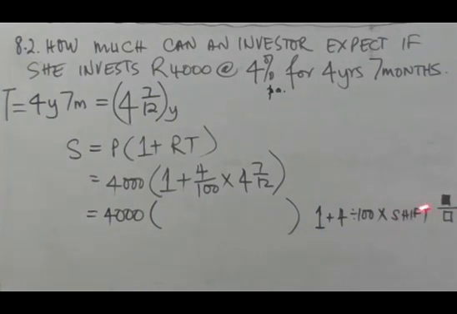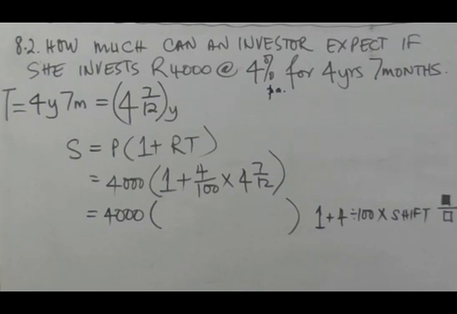You see? So if I now follow that instruction, the answer is 1 plus 4 divided by 100 times shift fraction button.